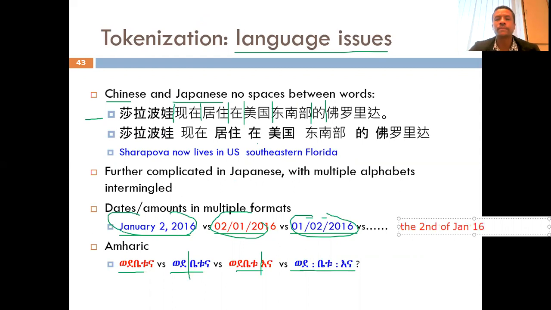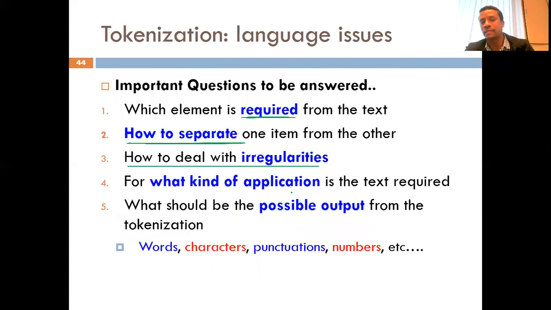It means it's not in line with the other standards that we have. But mind you, this means 02/01/2016, but this is an irregular pattern. So how you deal with that irregularity is another question that you have to answer.